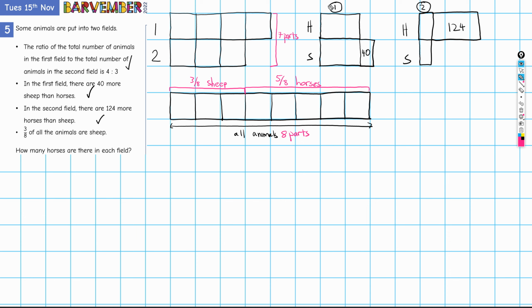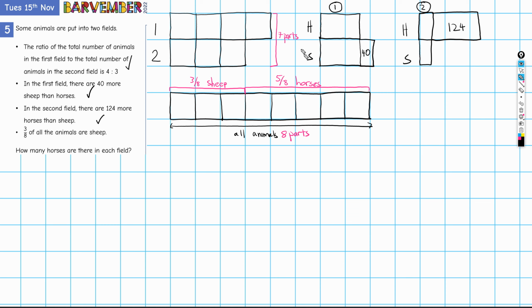So how are we going to fit that in with this information here where we've got sheep and horses? Well, I think we need to rearrange this. And if we rearrange this information, I think you're going to see what's hidden here. Okay, and hopefully, that's again where the bar model is going to make things much clearer.